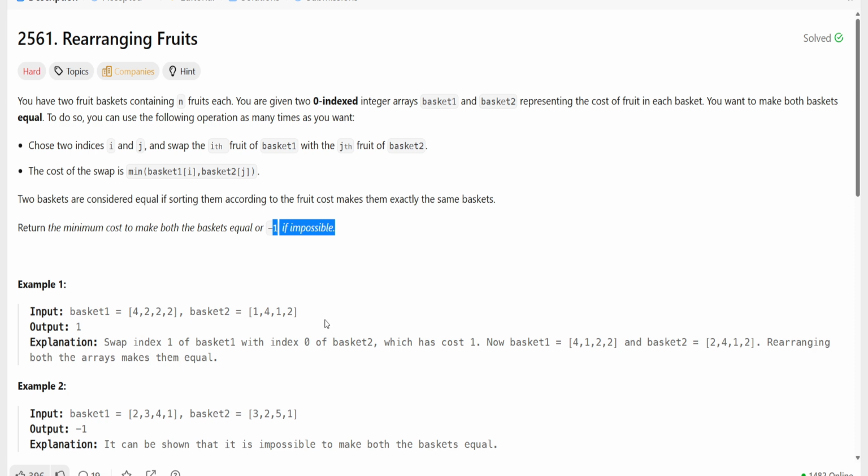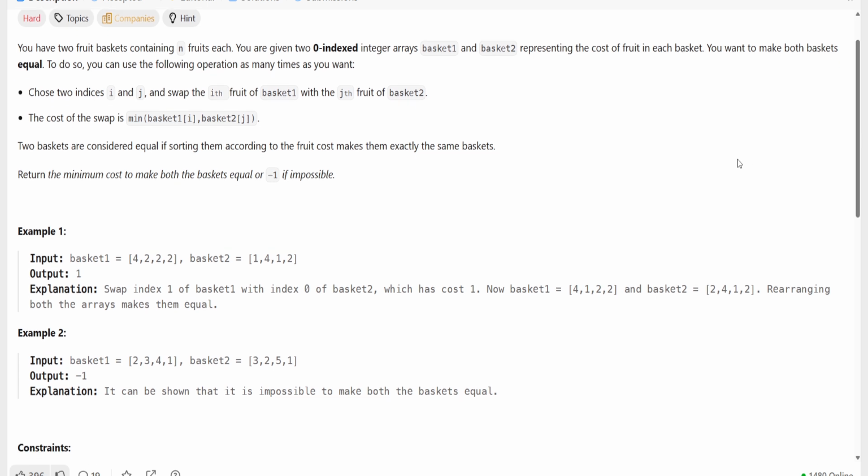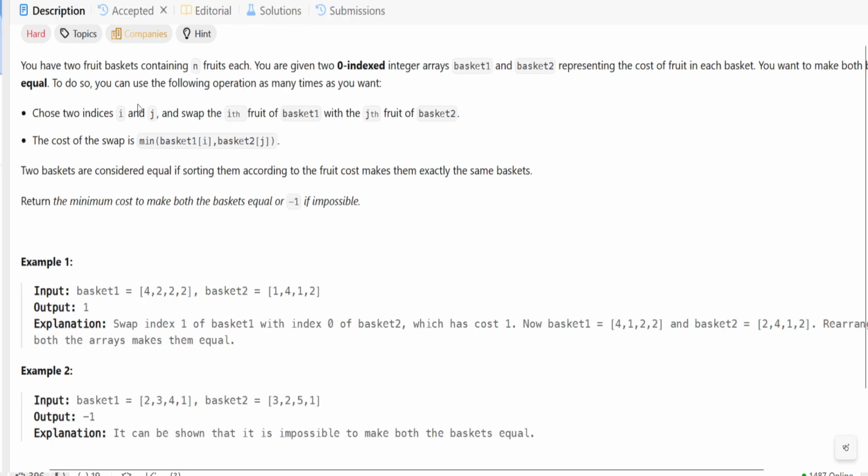Let's understand through this example, right? You can pause this video and read this again so we'll understand clearly. Okay, so let's understand in very simple terms what we have been given.